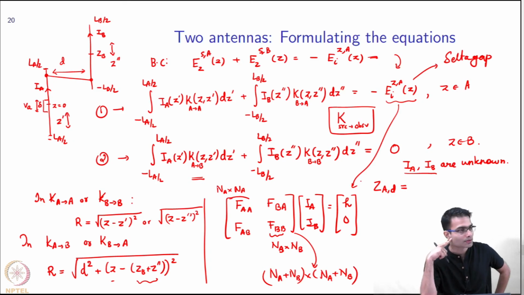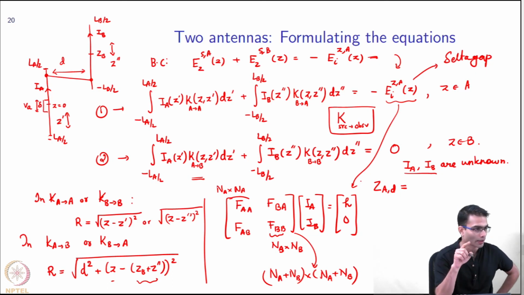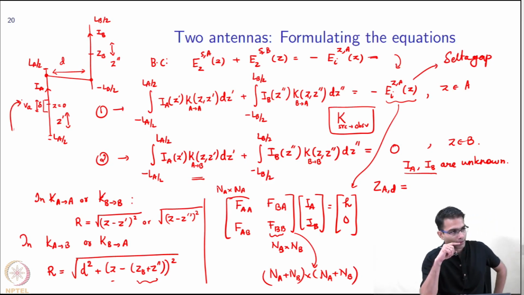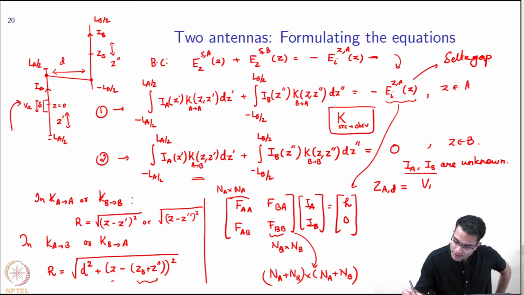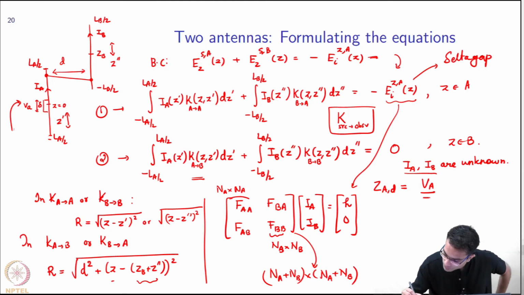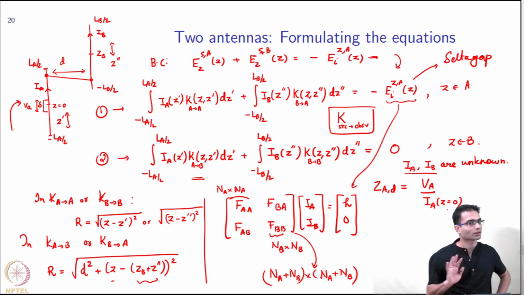ZAD then becomes, at which point am I asking this question? At the connection terminals of antenna A, that means at this point, right. So, voltage A divided by what? That is all.